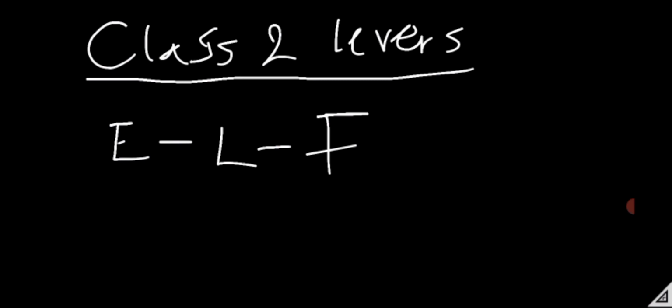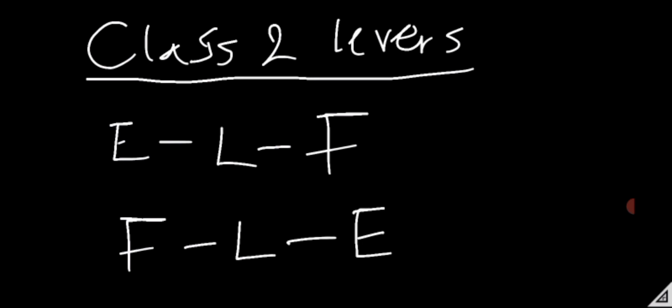So when we have the load in between effort and fulcrum, then we know that it is a class 2 lever. Or we can have fulcrum first before the load, before the effort. Anyway, in this case, what is at the middle is the load. In this type of configuration, it is a class 2 lever.